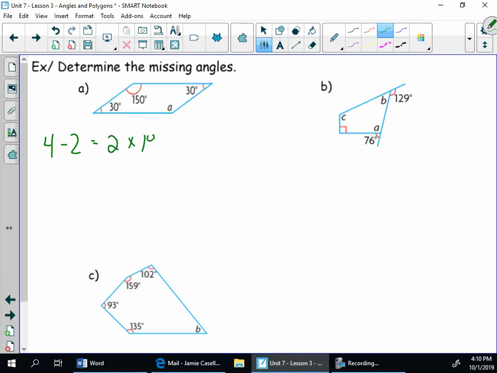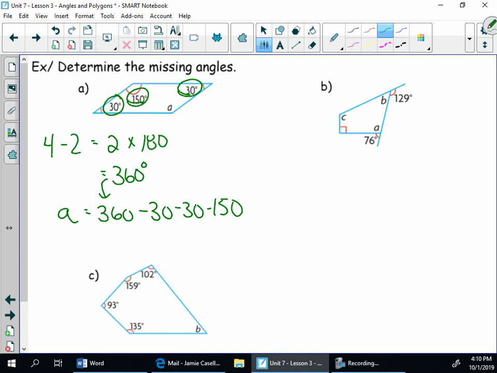Each triangle is worth 180. This shape has to add up to 360 degrees. If I know 1, 2, 3 of the 4 angles, I can figure out A by taking my 360, that's what the whole thing is, and subtracting the parts and pieces I already have. Whatever's left over has to be the missing angle to make it add up.